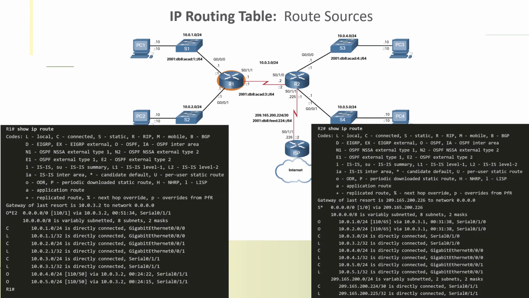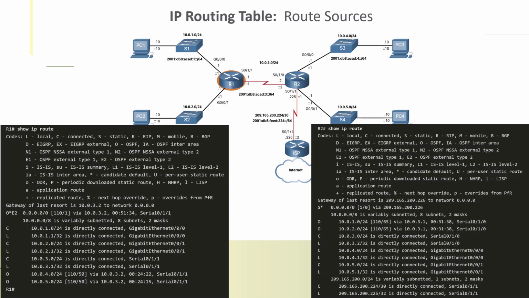and in this case we are using the Open Shortest Path First routing protocol, which means that we are able to learn about the networks 10.0.4.0/24 and 10.0.5.0/24 by using the Open Shortest Path First routing protocol.